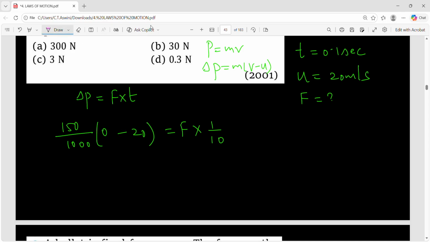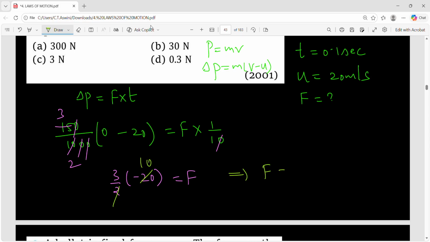And what is the time? It is 0.1, so I'll write it as 1 by 10. Now do the cancellations. The zeros cancel, so you'll get 5 twos, 5 threes. So you have 3 by 2 into minus 20 equals F.